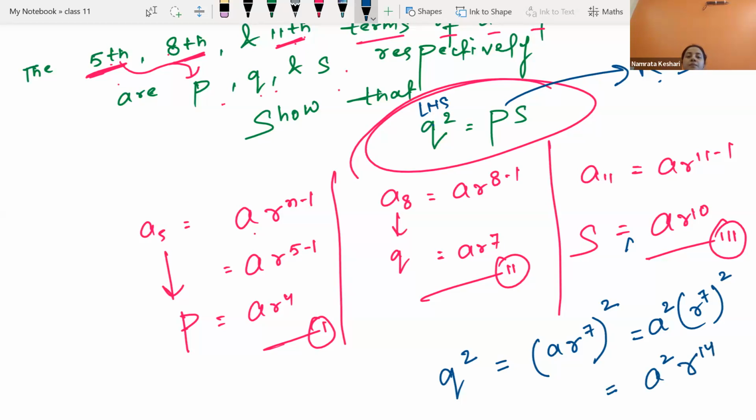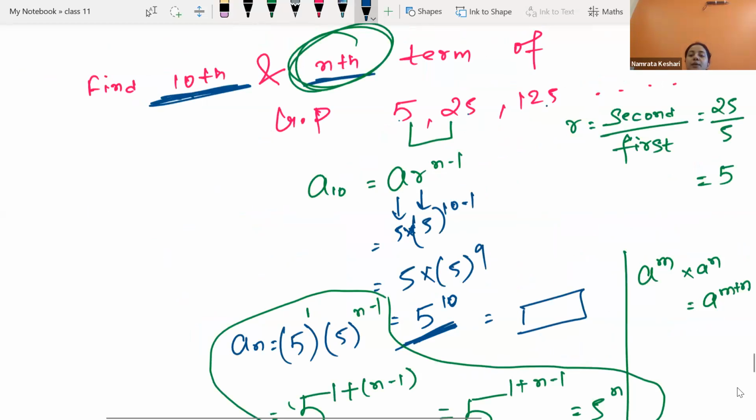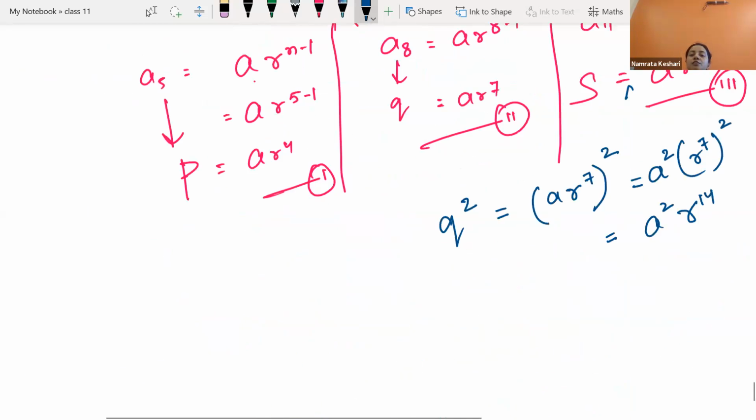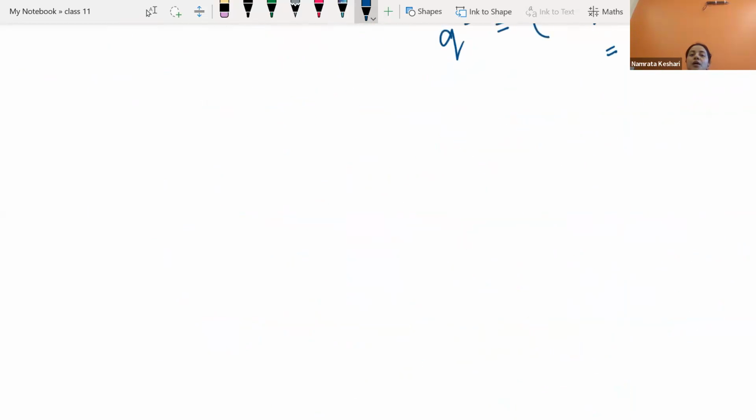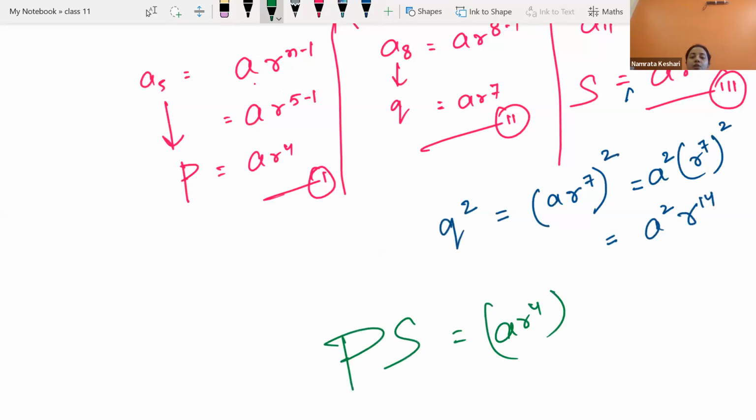Q square is a square r to the power 14. Now that should be the same as P into S. Let's check whether P into S gives us the same answer or not. So let's multiply P and S. We are solving the RHS separately, and we will check whether the answers from the LHS and RHS are the same or not. So P into S means A r to the power 4 into A r to the power 10.